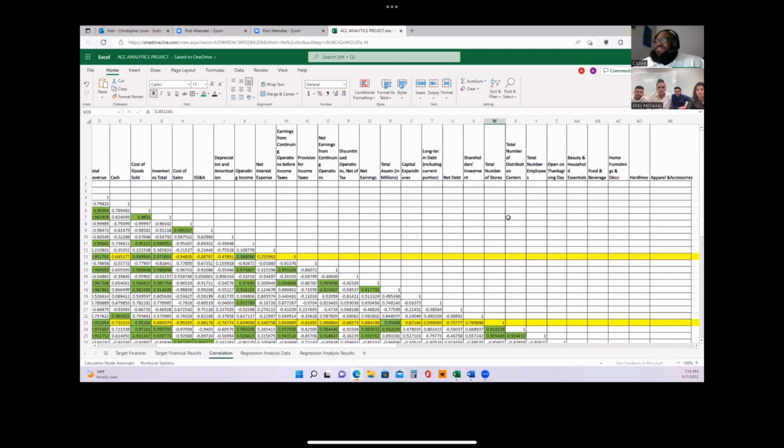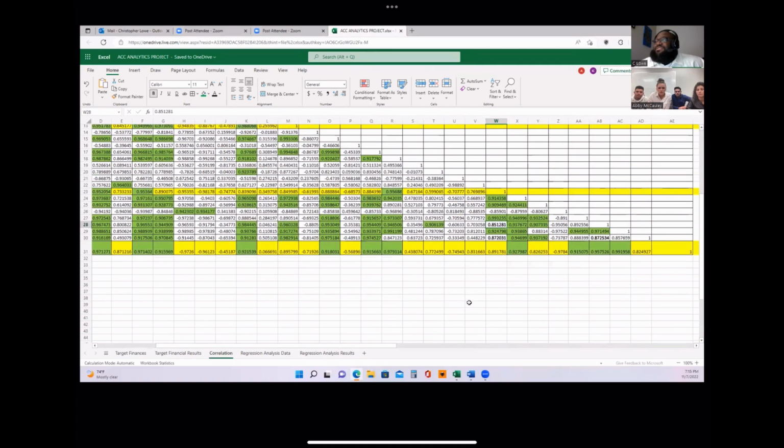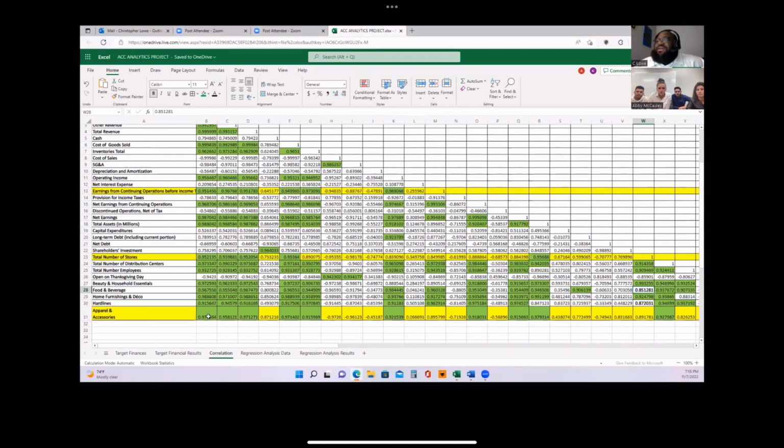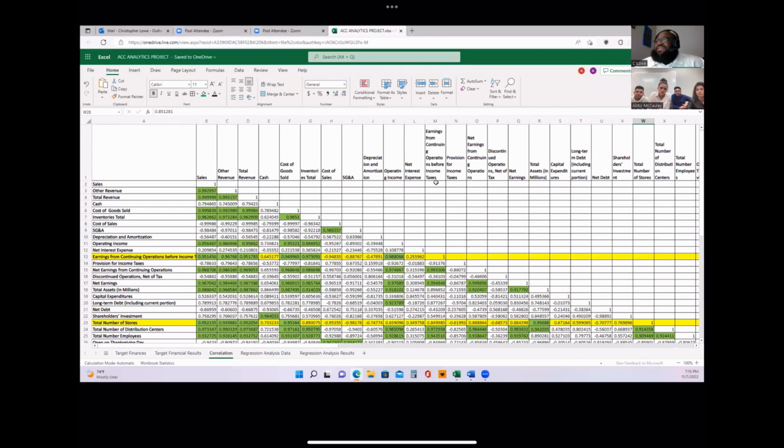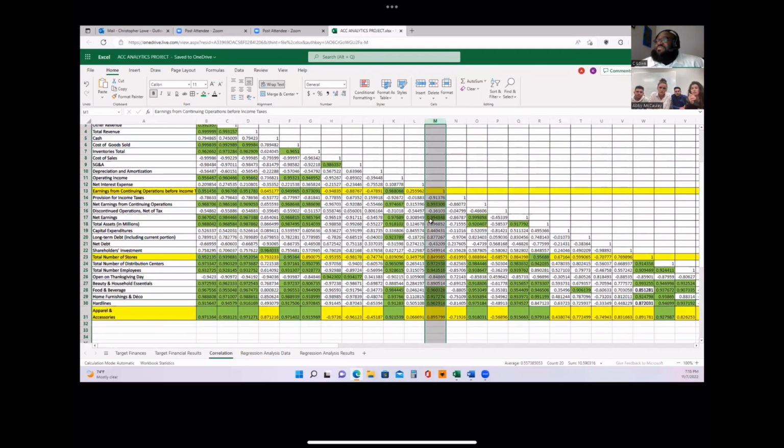That ended up being total number of stores, apparel and accessories, and earnings from continuing operations before income taxes. As you can see, we had to choose between one of those 2 independent variables, and that's why we chose, I believe, apparel and accessories over the other independent variable.